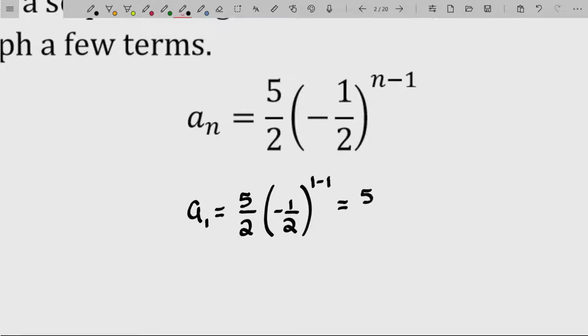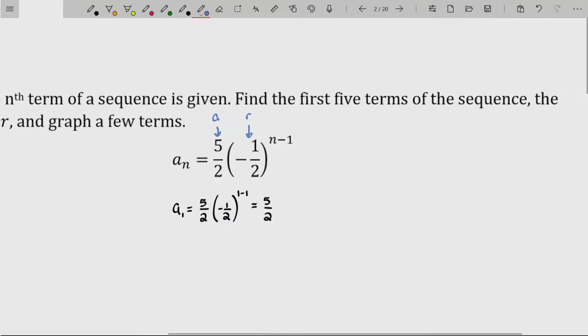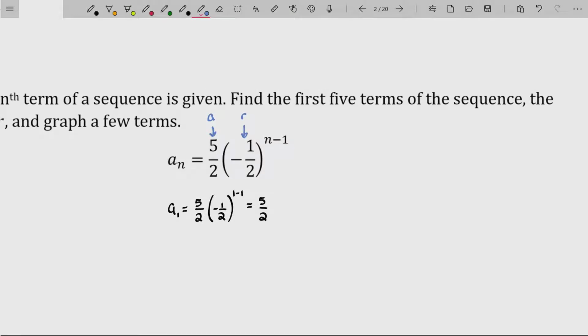And this actually matches the idea of the pattern, which is that this guy right here is a, and obviously, therefore, this guy must be r. And r is our common ratio, so I can immediately off to the side just say the common ratio is going to be negative 1 half. And it's okay for our common ratio to be negative. That's perfectly fine.